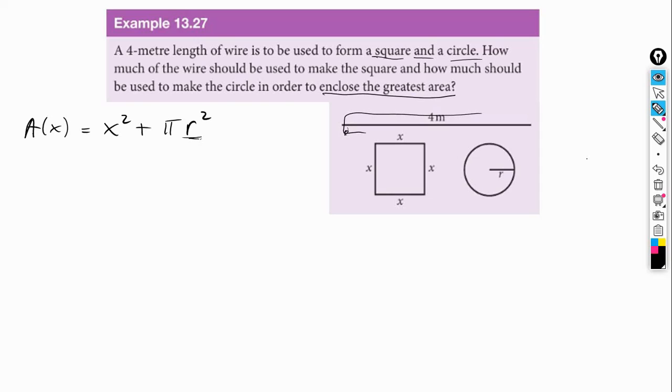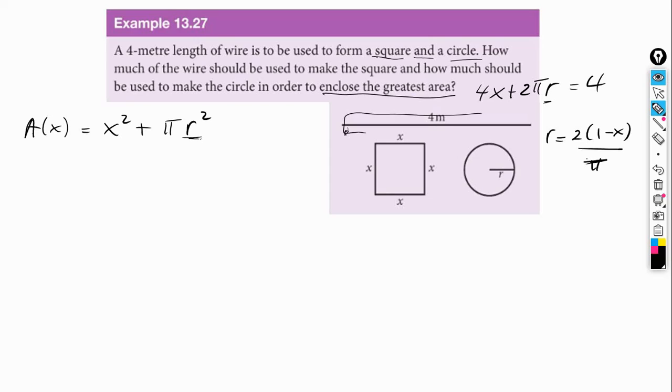If the total length of the wire is 4 meters, that means that 4x, the perimeter of the square, plus the circumference, which is 2 pi r, has to be 4. All we have to do is rearrange and solve for r, and that's something you can do on your own. In the end, you're going to get that r is equal to 2 times 1 minus x over pi.